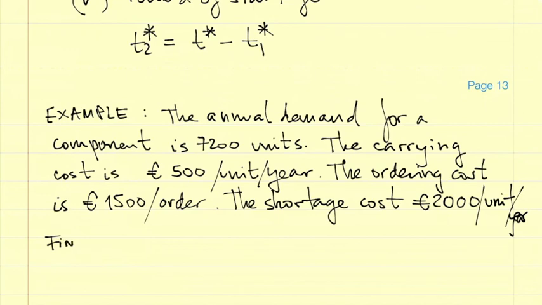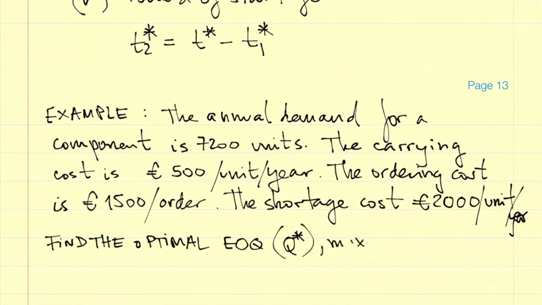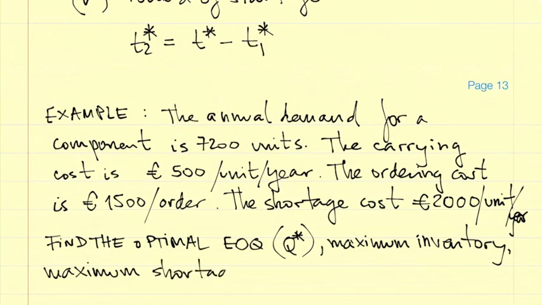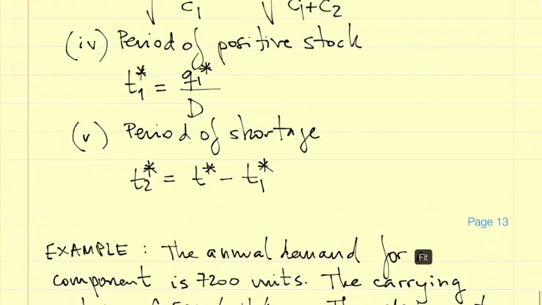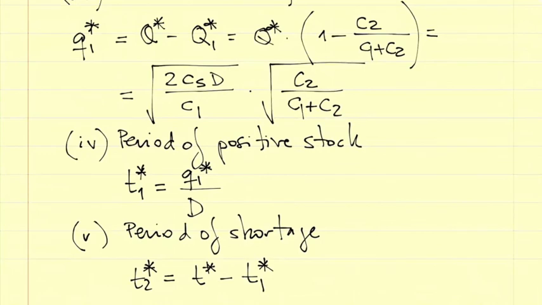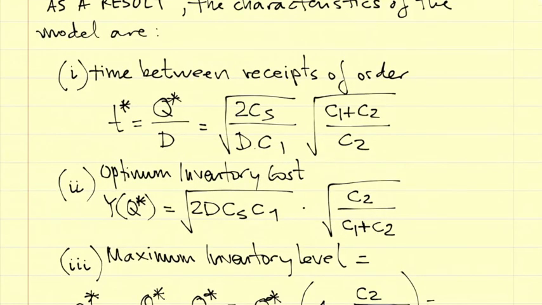So find the optimal economic order quantity, Q star, maximum inventory, maximum shortage quantity, cycle time, this the time between receipt of order is also called cycle time.